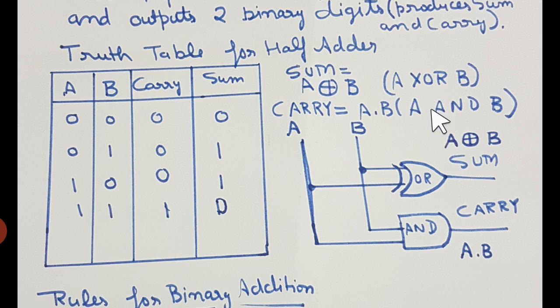Okay, now after that we observe sum. So we find 0 1 1 0. Now students, here 0 0 is there, it is producing 0. Here all ones are there, it is also producing 0.